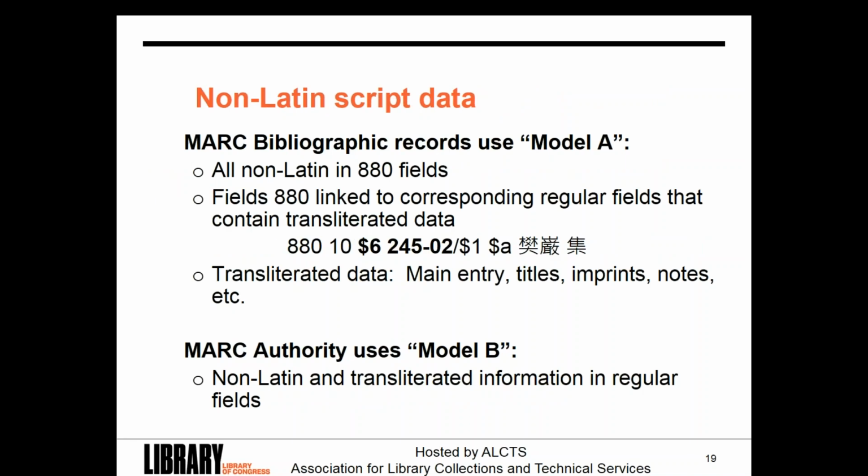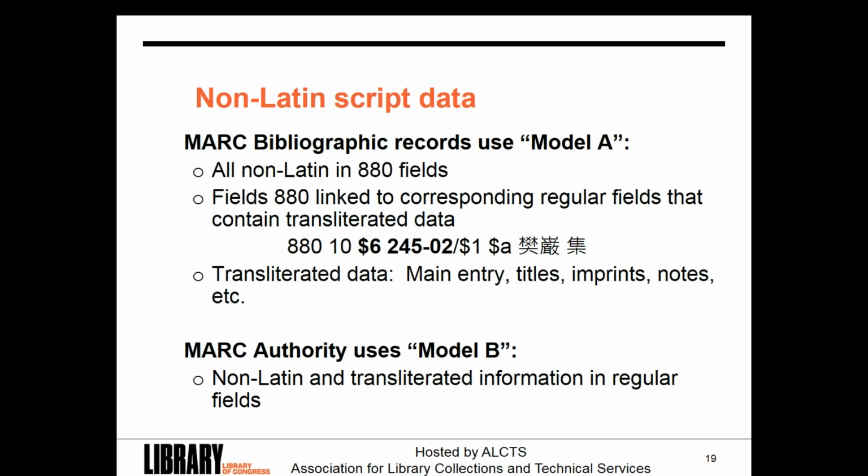Another issue has to do with the non-Latin script in our records. If any of you do non-Latin script, this will be very familiar to you. We put all of our non-Latin script information in 880 fields, and we link those fields to the regular field that contains a transliteration of that data.